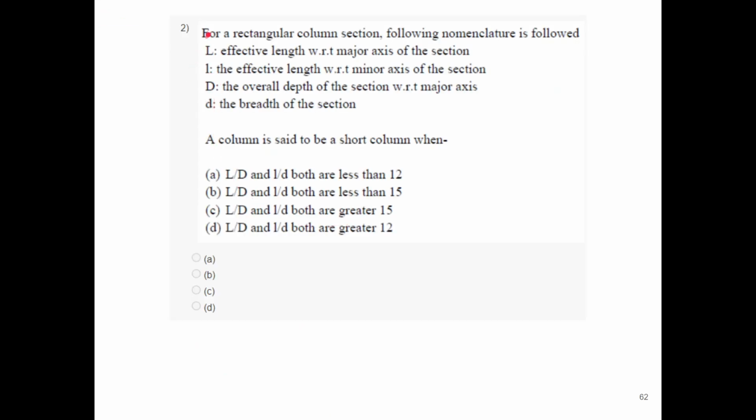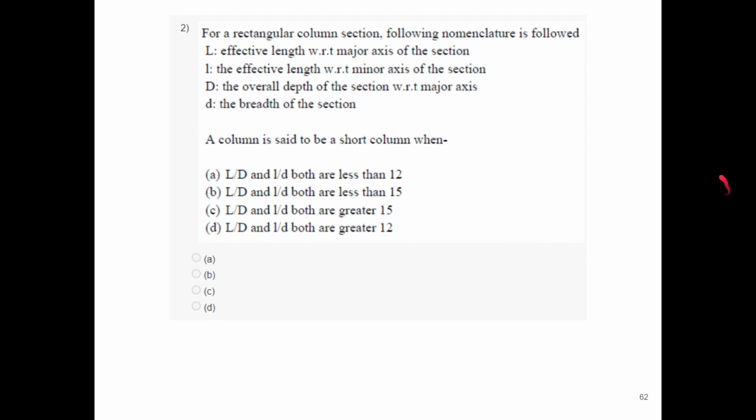Second question, for a rectangular column section, the following nomenclature is followed. Capital L is the effective length with respect to the major axis of the section. Small l is the effective length with respect to the minor axis of the section. Capital D is the overall depth of the section with respect to the major axis, and small d is the breadth of the section.